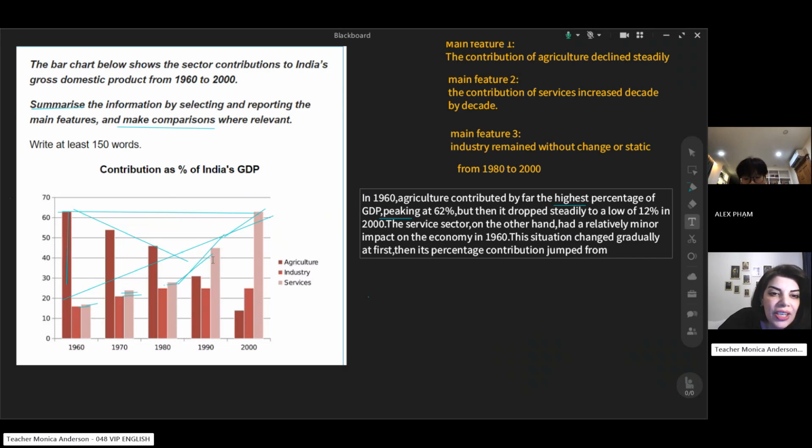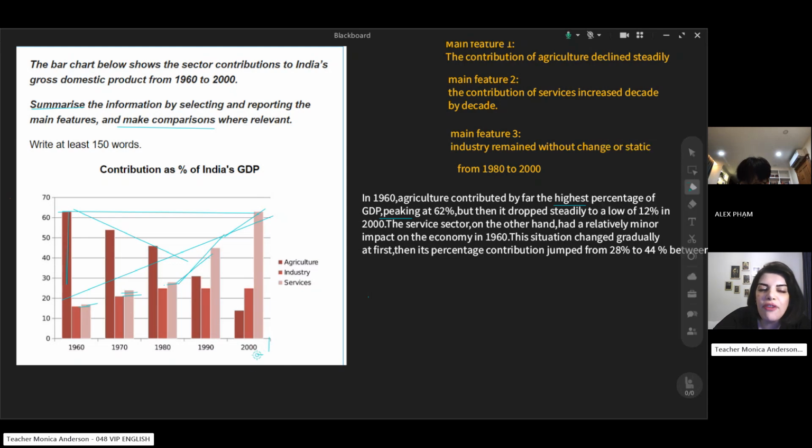Yeah. And here, 1990, how much? It's maybe 44, maybe 45. So it jumped, and it's actually a big number. So it jumped from 28% to 44% between 1980 and 1990.